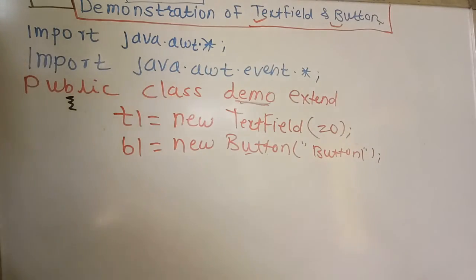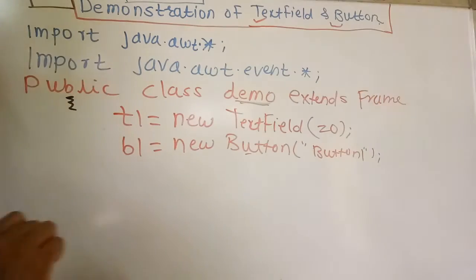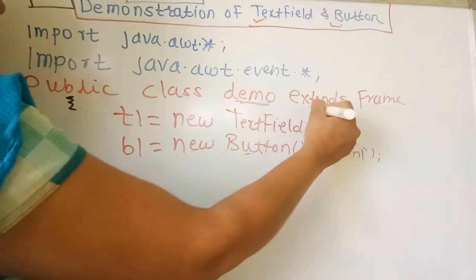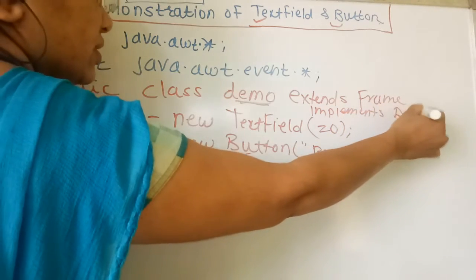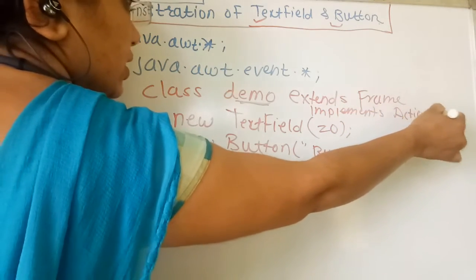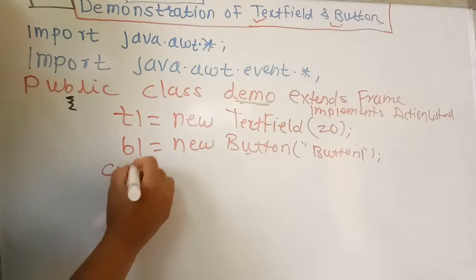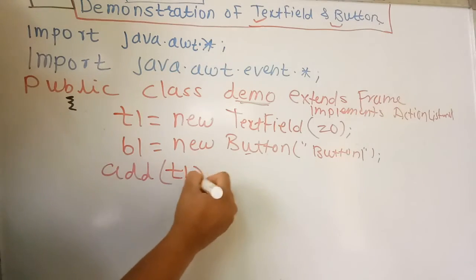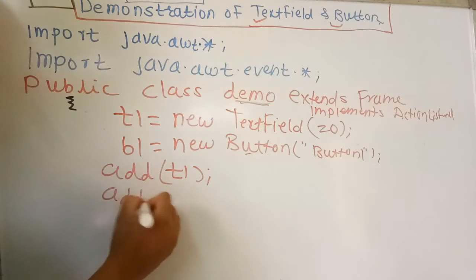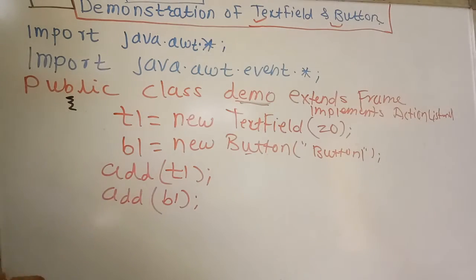Then, for handling the action event, it can take implements ActionListener. Now the only task remaining is to add these in the frame. By the simple add method, you can add all these items in the frame. So T1 and B1 we have added in the frame.